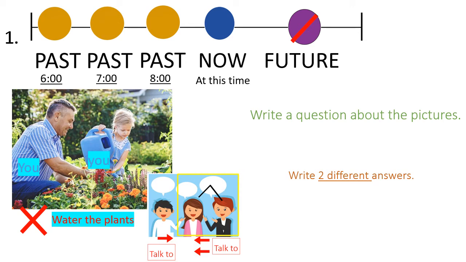So write a question about the pictures. So remember, you is the who word that you use in the question, and then you'll answer that. You'll look at the situation in the picture, and then you'll answer the question in 2 different ways.